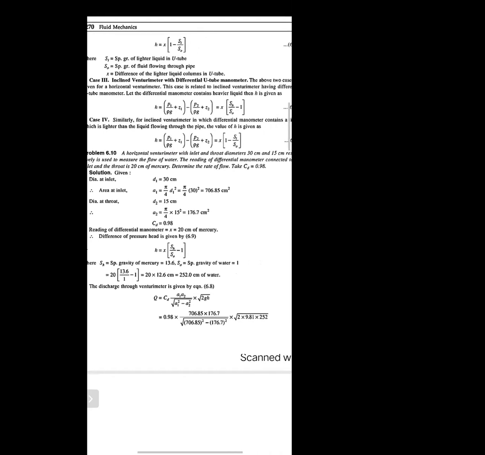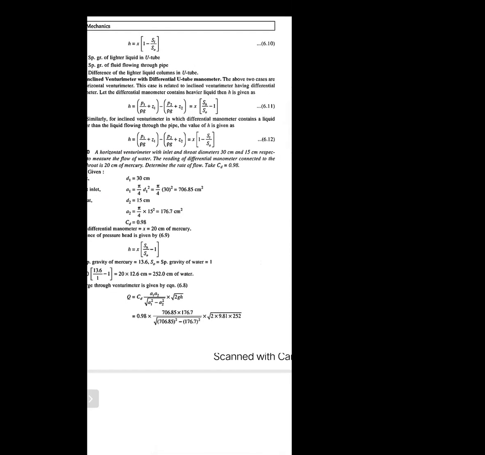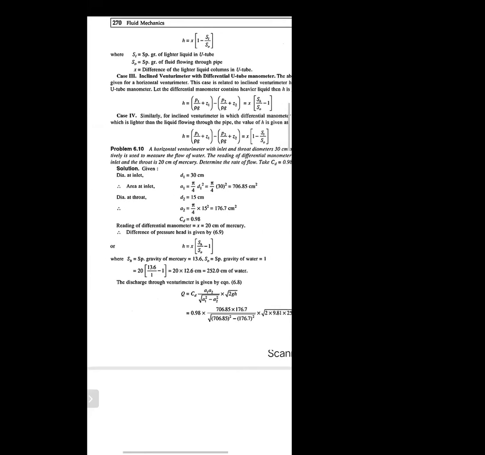The first problem: a horizontal venturimeter with inlet and throat diameters 30 centimeter and 15 centimeter respectively is used to measure the flow of water. The reading of the differential manometer connected to the inlet and throat is 20 centimeter of mercury.